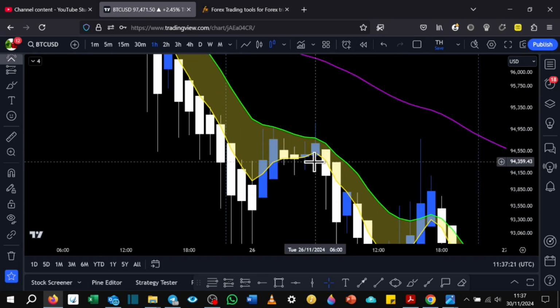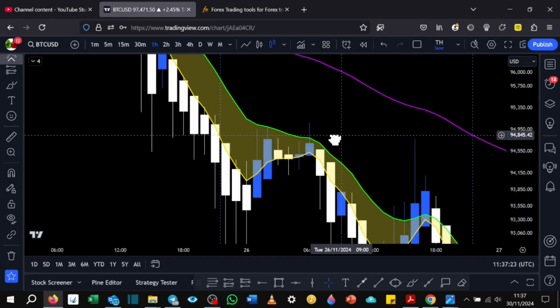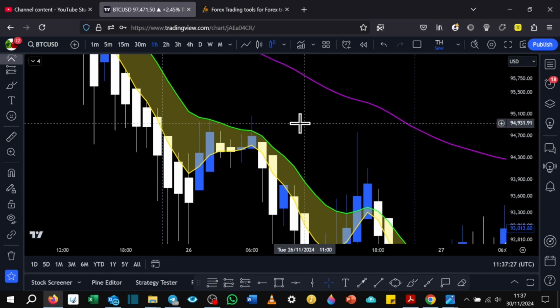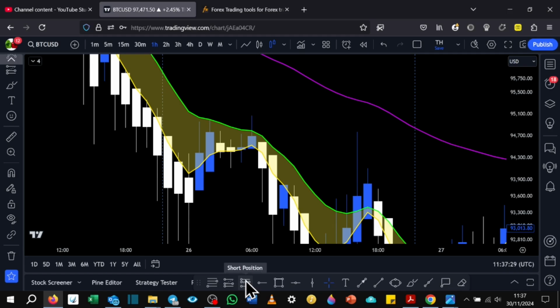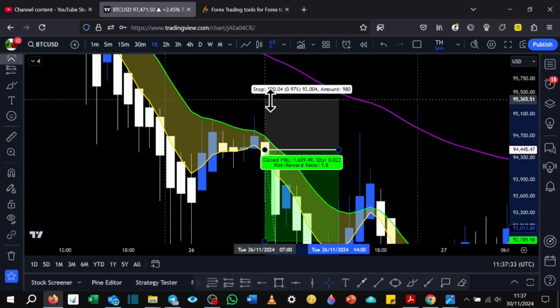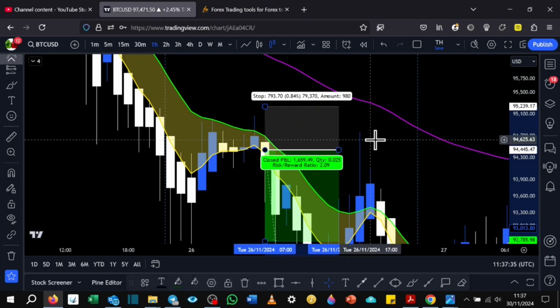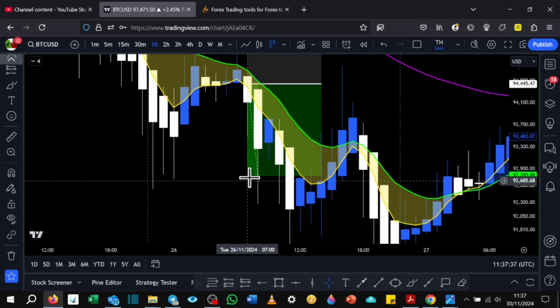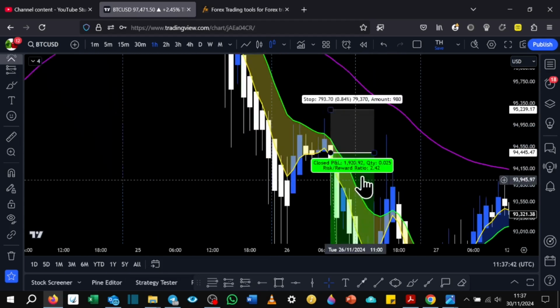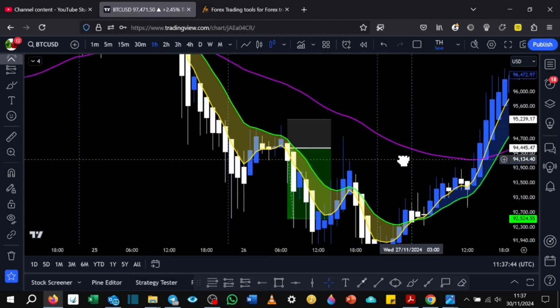However, at 6 a.m. price has slammed through the 13 EMA. So gone in for a short here. Stop loss is there. Take profit was there. So it's just over a 1 to 2 trade.